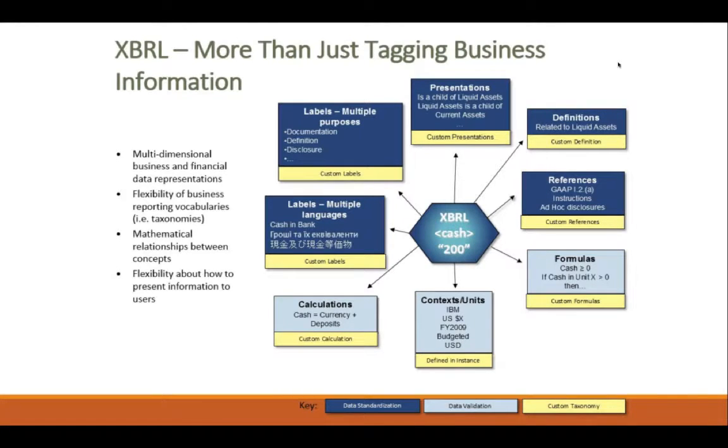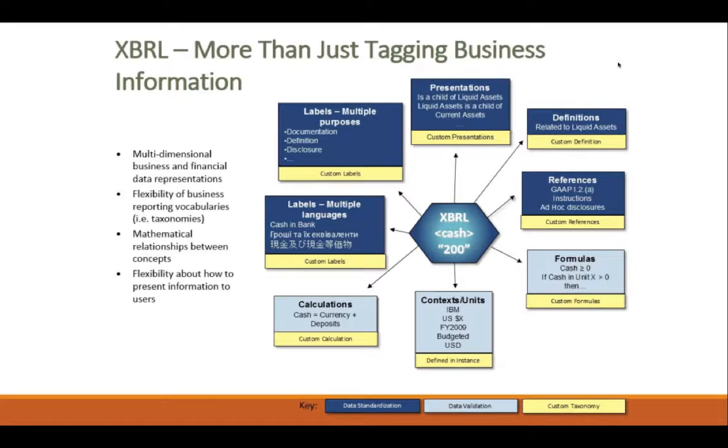Okay, so currently we are mainly focused on tagging business information using the XBRL taxonomies or tags. But XBRL actually goes more than that. It's not just tagging a piece of information using some accounting concept. As we mentioned, they also can reflect the relationships between the concepts, and we can see how to calculate certain values based on those relationships.